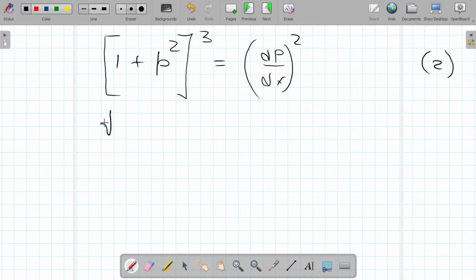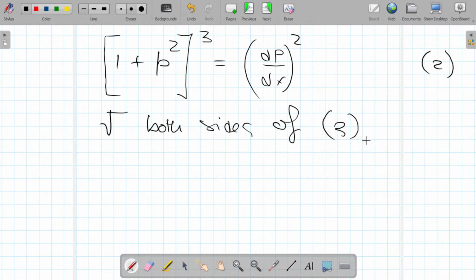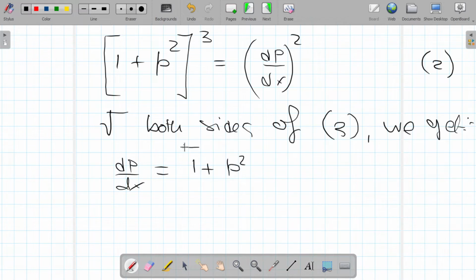So square rooting both sides of equation 3, we get dp by dx equal to 1 plus p squared, and then put brackets around that, all to the power 3 over 2. So that is equation 4.